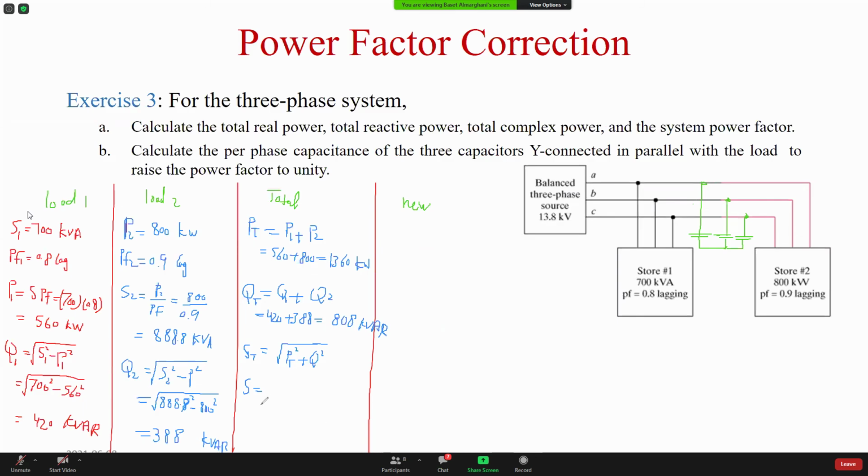Complex power S is actually P plus JQ. So that is 1360 plus J808 kilovolt ampere. Power factor is P over S, apparent power, and it's going to be lagging.